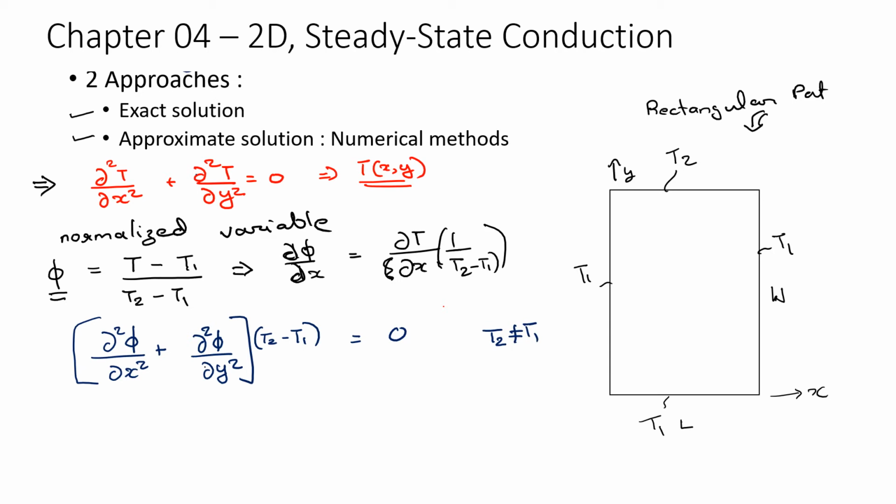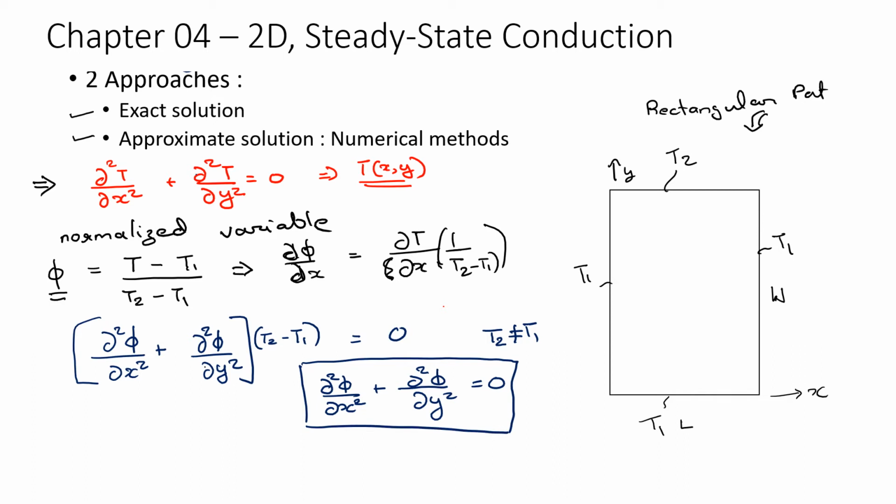So that means our del square phi by del x square plus del square phi by del y square should be equal to 0, and this is the heat diffusion equation that we will be solving for.